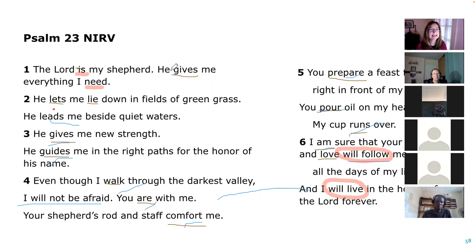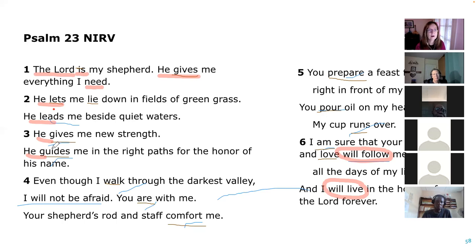So he gives me everything I need. He lets me lie down. He leads me. He gives. He guides. And so we notice whenever the subject is the Lord, or it's he, we're going to have those S's at the end of the verbs.